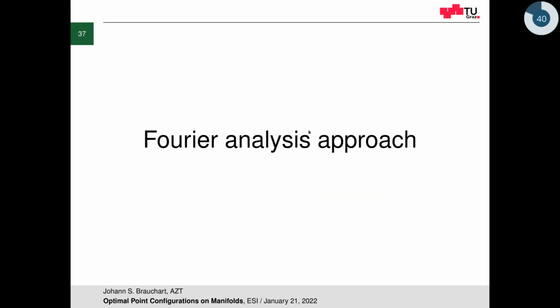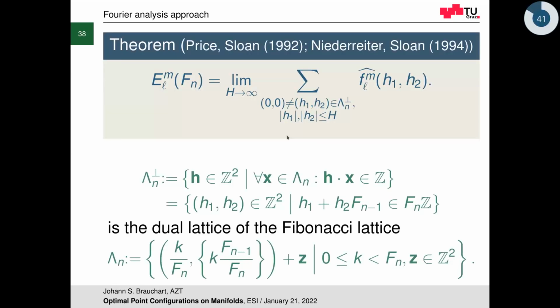There is a different approach, namely the Fourier analysis approach, which can be used here. This relies on the following theorem from two papers, by Price and Sloan from 1992 and Niederreiter and Sloan from 1994.